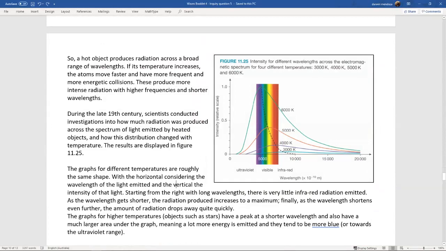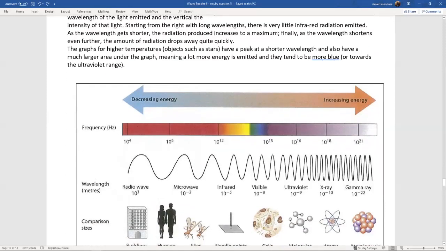So you can see this object at 6000 kelvins, it's releasing the strongest thing it releases is a wave that's equal to just under 5,000 wave units here. So what's that equal to? 5 times 10 to the power of -5 meters, right?